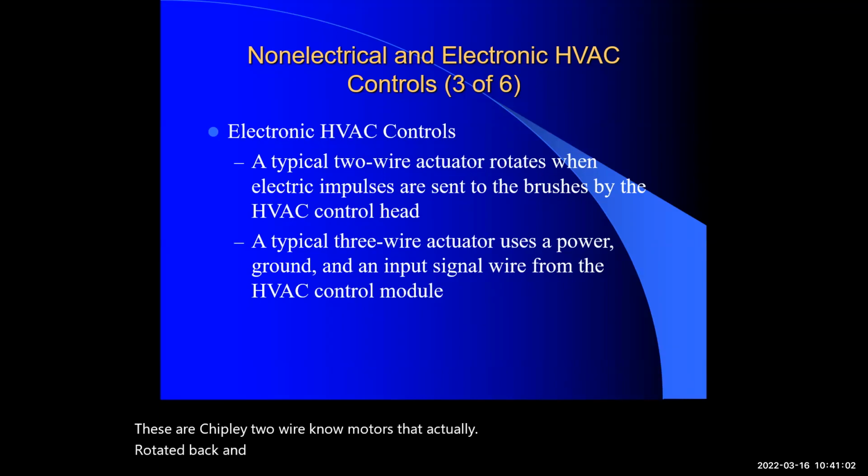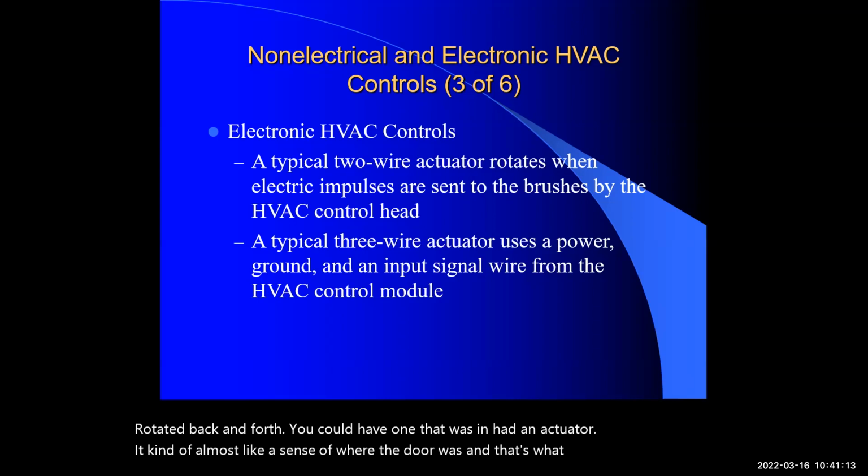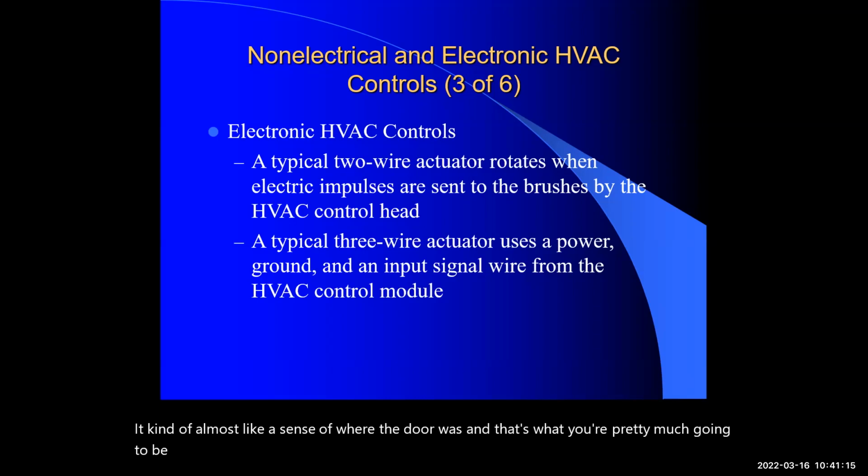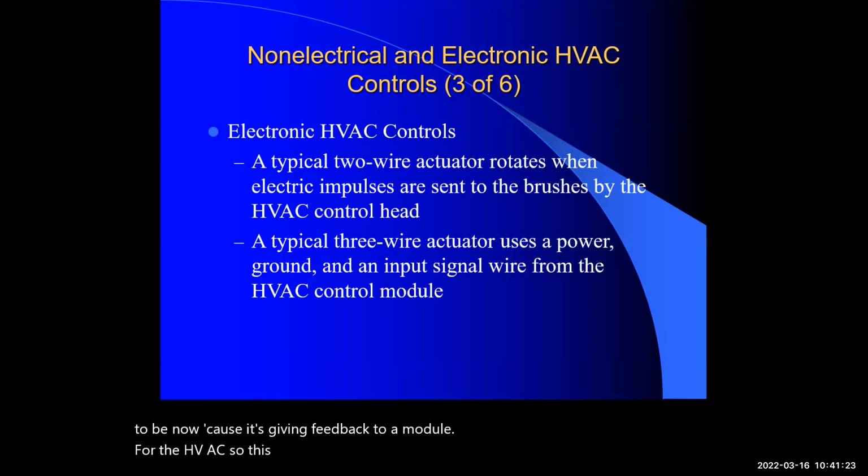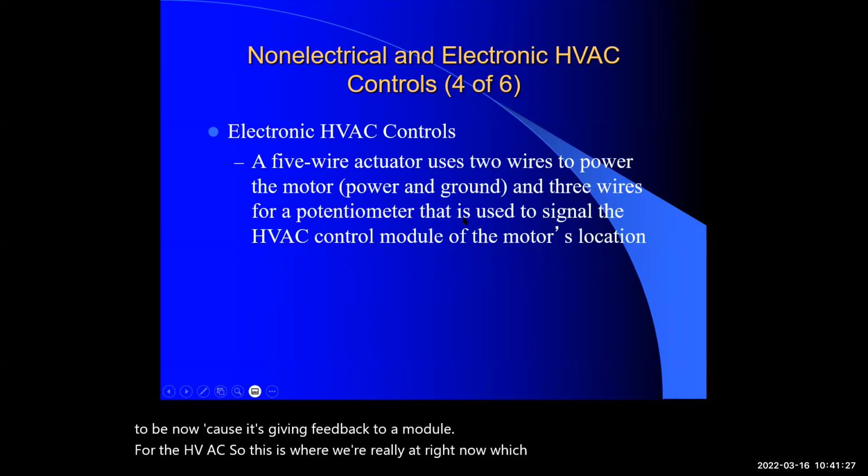You could have one with an actuator that gives a sense of where the door is, and that's what you're pretty much going to see now, because it's giving feedback to a module for the HVAC. This is where we're really at right now, which works a lot better.